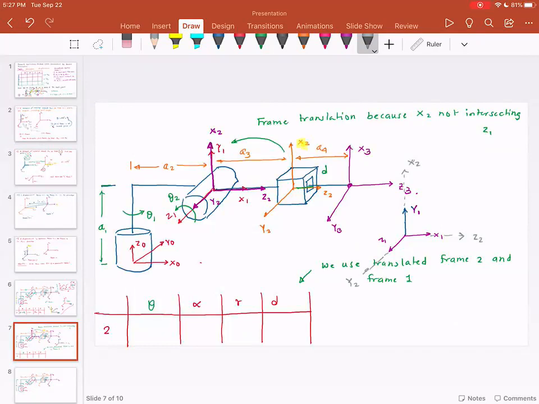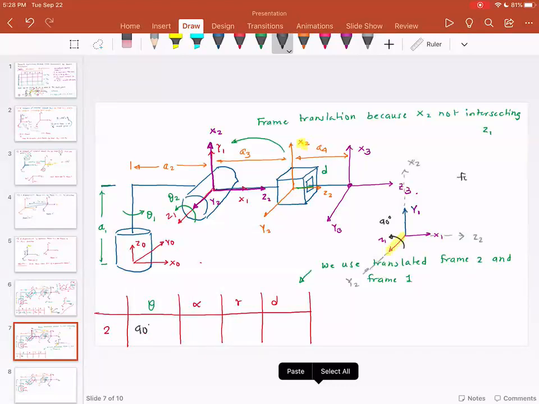So let's find out the rotation. The rotation is going to be about Z1, and what rotation I need to apply so that the x1 gets aligned with x2. As you can see, the only way x1 can get aligned with x2 is by 90 degrees. So theta is going to become 90 degrees.